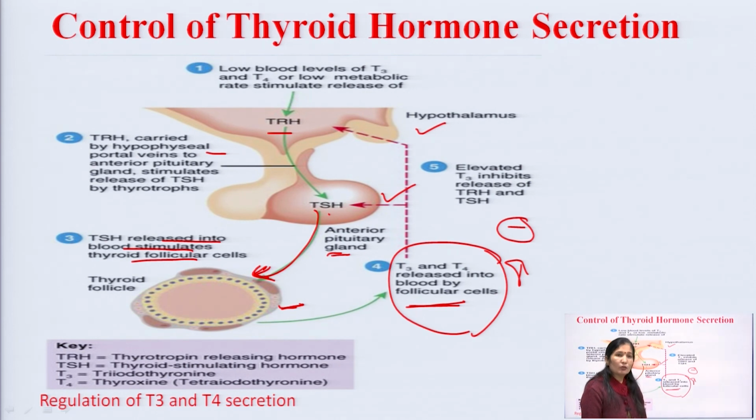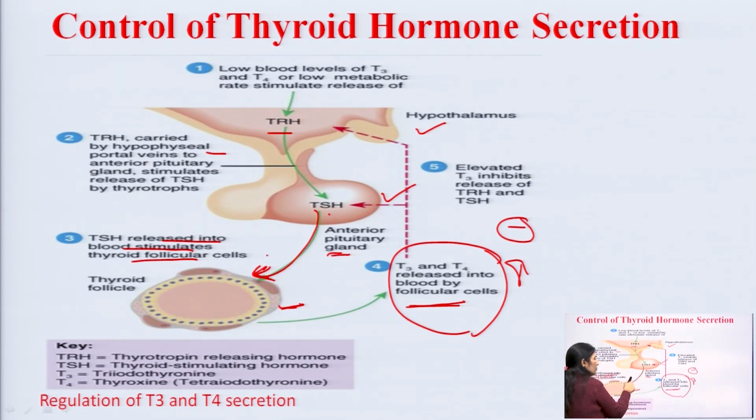So, this is the regulation of thyroid hormone: TRH from the hypothalamus is released whenever there is low metabolism, low level of T3. TRH will stimulate the synthesis and release of TSH from the anterior pituitary.